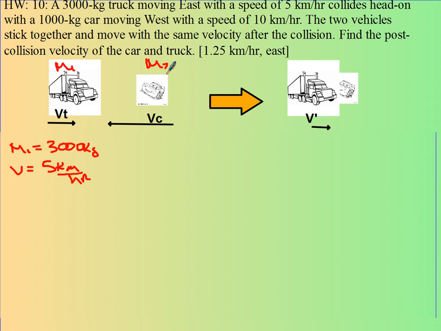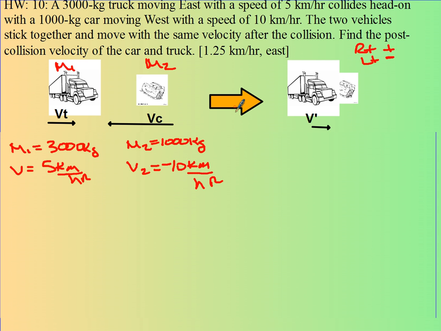So this is M2. So M2 is 1,000. This is not good for a car, let me tell you. Moving west with a speed of 10 kilometers per hour. So V2 is negative 10 kilometers per hour. Now this negative sign is because it's going west. You remember, right is positive, left or west is negative.